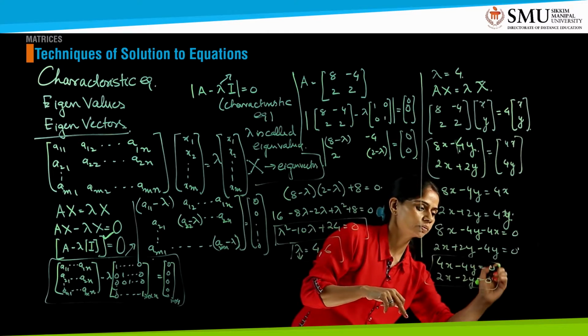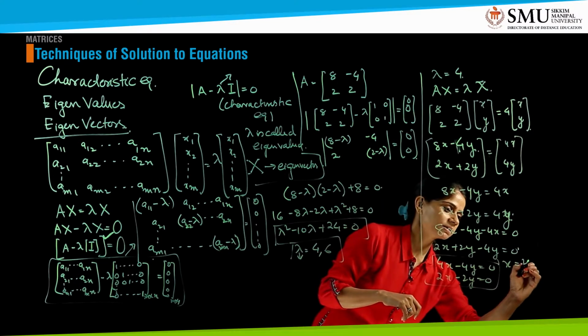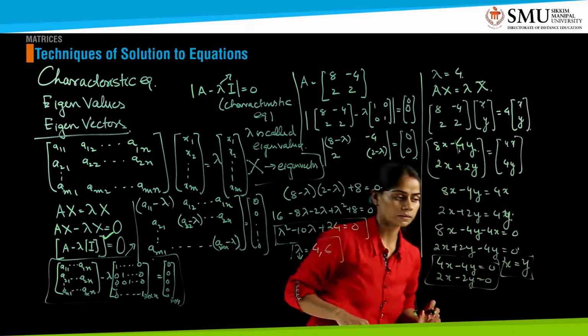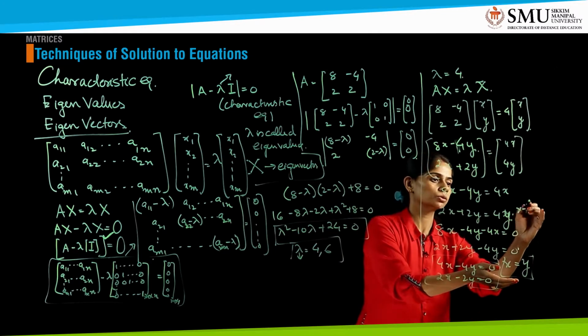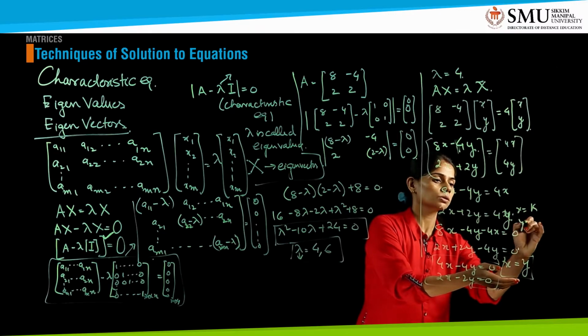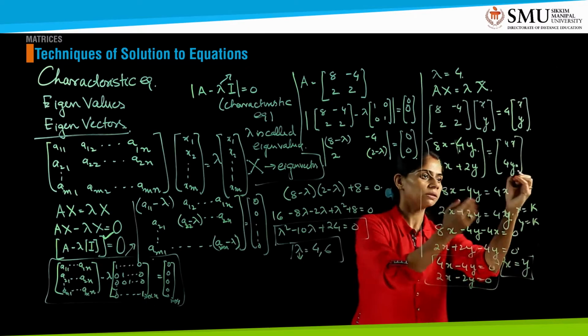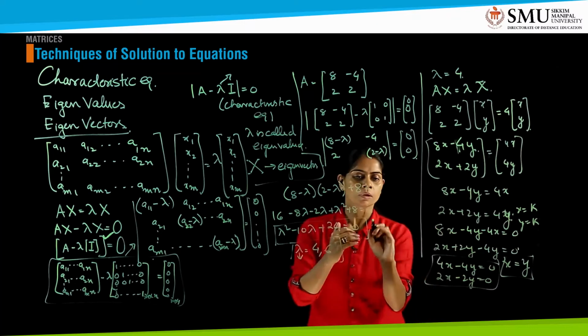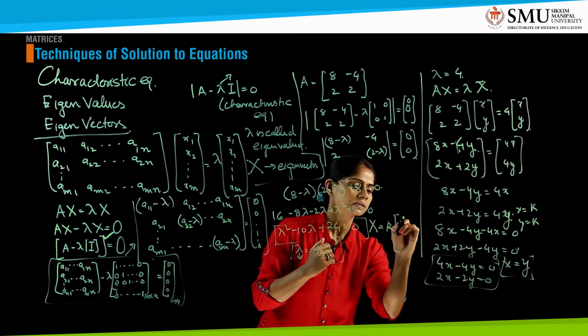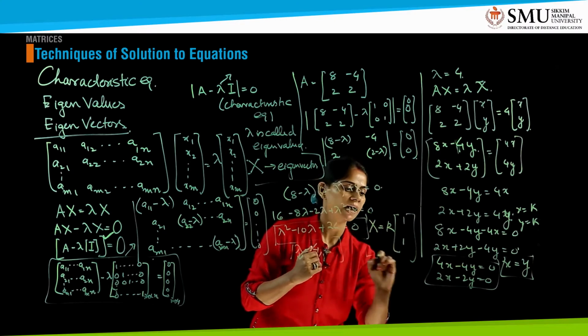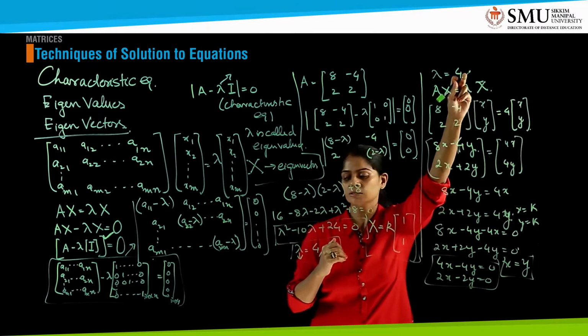So you can find that x equals y. If we put x equal to k, then y is also k. So the eigenvector x is k times (1, 1). This is the eigenvector when lambda is equal to 4.